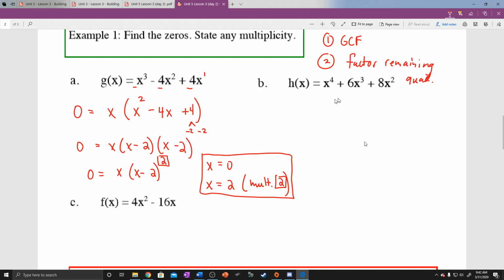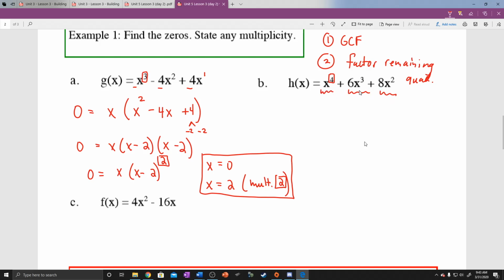All right, let's look at b. H of x is equal to x to the 4th plus 6x cubed plus 8x squared. Notice here, the last one has 2 unique zeros, but 1 is repeated, and it was a 3rd degree, which is what we should expect. So here we should expect 4 factors, maybe some repetition, we don't know. Let's see, GCF. The coefficients I can't do anything with, right?